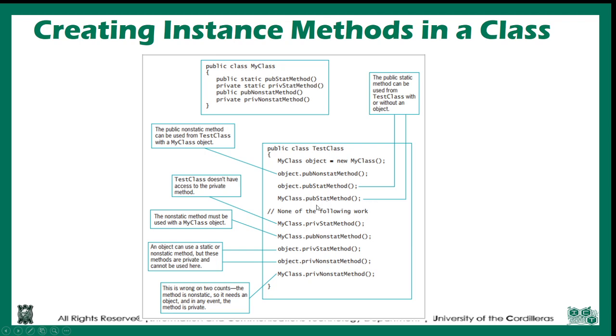As you can see here, we can also access this method as myClass.pubstat method. Now take a look. We actually called the pubstat method, but using the myClass name. What does it mean? Again, it can be used from the test class with or without an object.